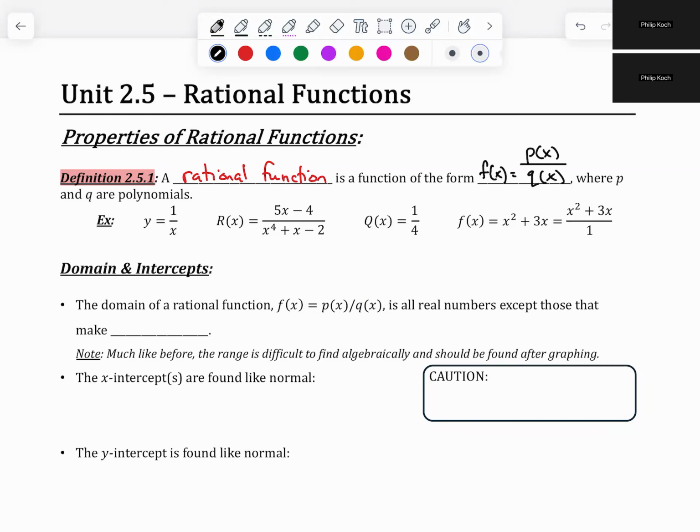So that is to say, something like 1 over x. That is a rational function because 1 is a polynomial and x is a polynomial. 5x minus 4 over x to the fourth plus x minus 2. That's also a rational function. And then we kind of talked about it before, but it's worth noting that 1/4 is technically a rational function. Not a very exciting one, but by not being exciting, that makes it exciting.